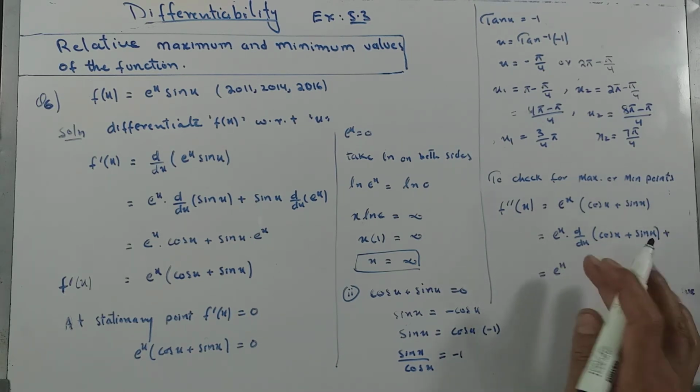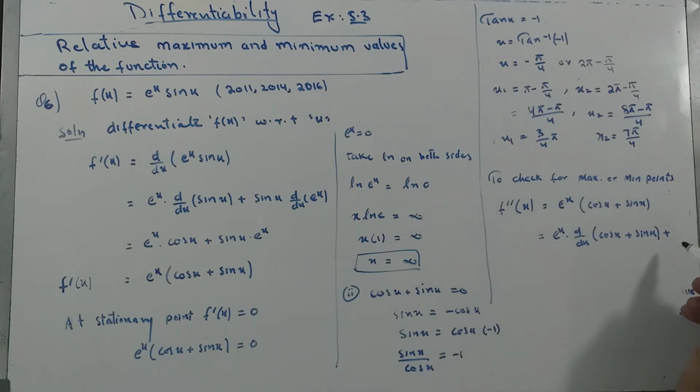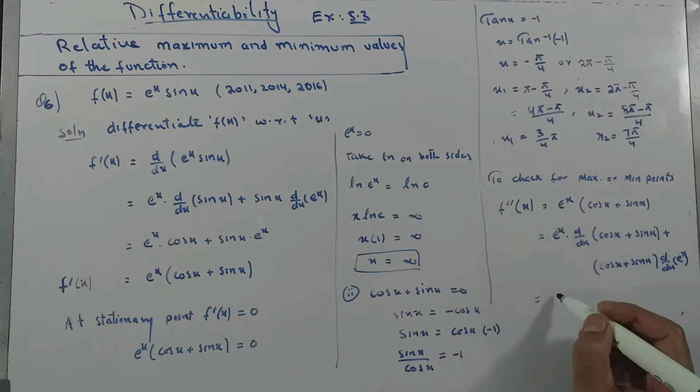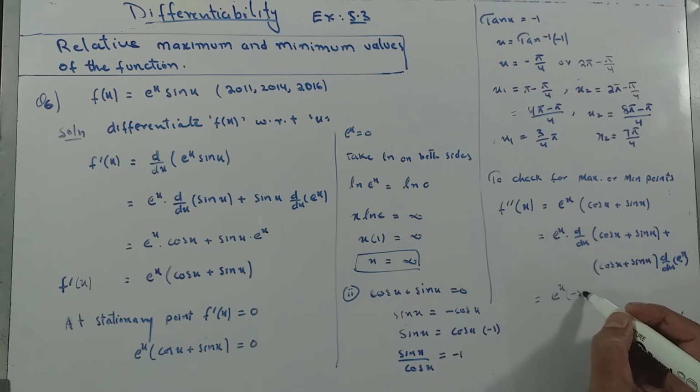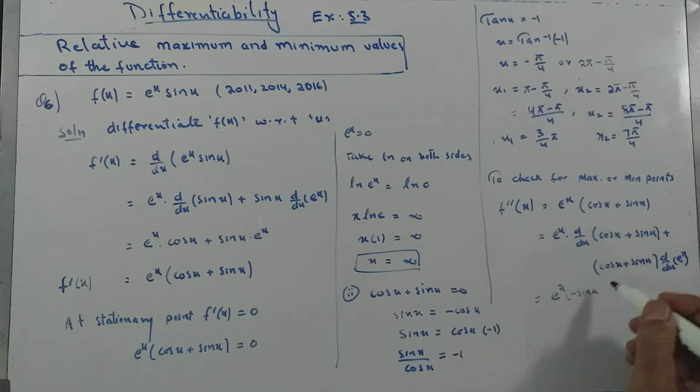And then plus, we don't have the space here, so we will write this, cos x plus sin x multiplied by d over dx of e^x. So e^x, and cos x will become minus sin x, and sin x will become cos x.